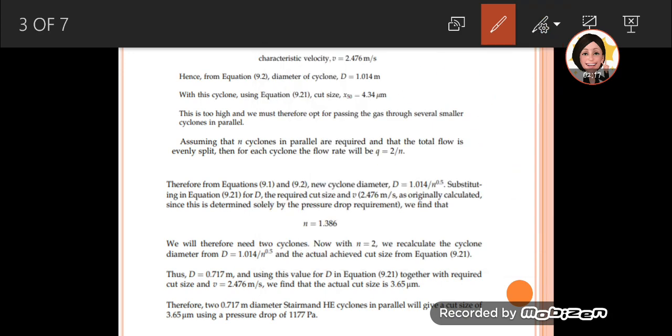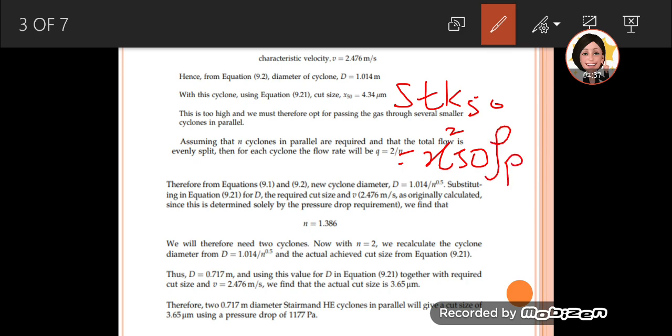Next we use equation 9.21, which is the STK 50 equation. STK 50 equals x squared 50 times the density of the particles and the velocity, over 18 times mu, the viscosity of the gas, and the diameter that we just calculated.